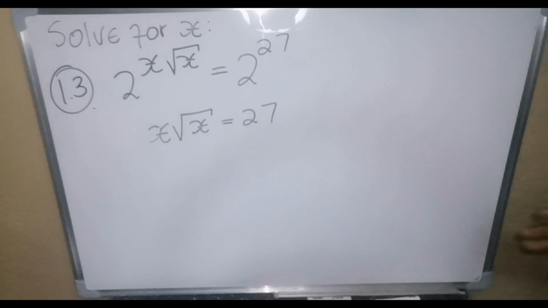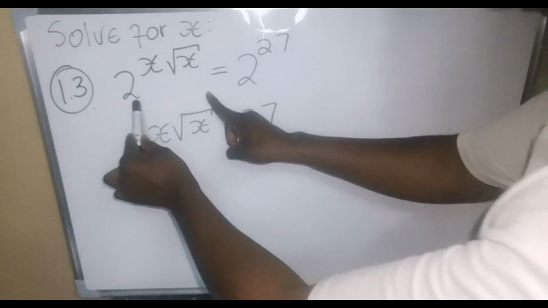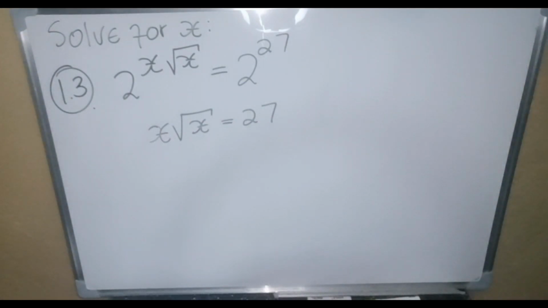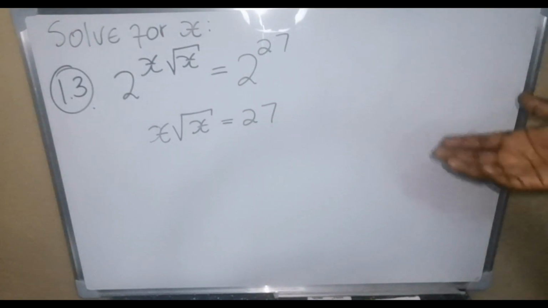There are many ways to simplify this problem, guys. The simplest way to simplify this product is by breaking this square root sign. Some may square both sides, and yeah, that's the longest way.